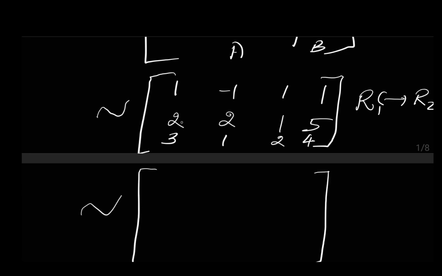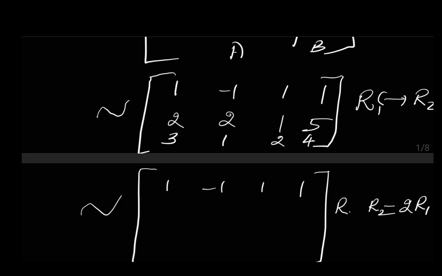Okay. So next, see how to bring this matrix to the form. The second row, first entry should be 0. Keep the first row as it is. Second row, first element is 2. So I multiply R1 by 2 and subtract it from R2.